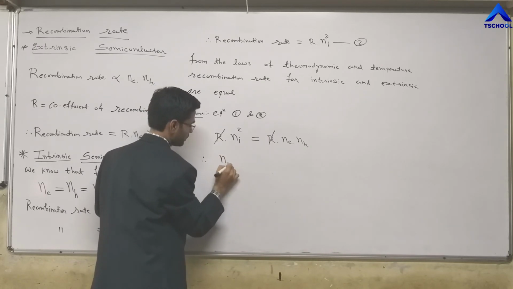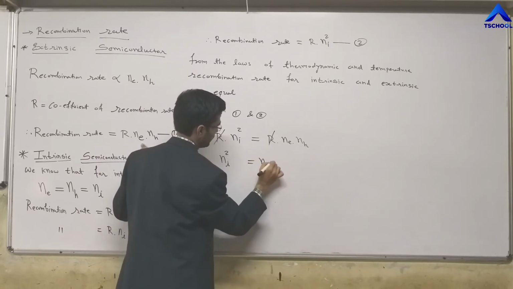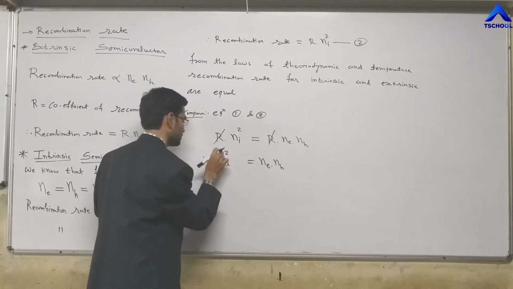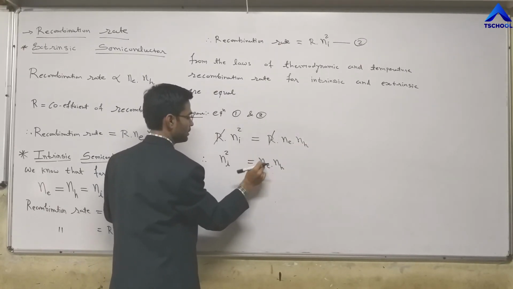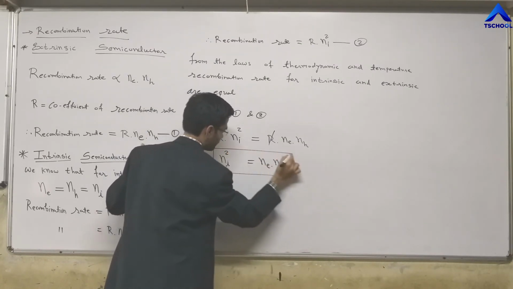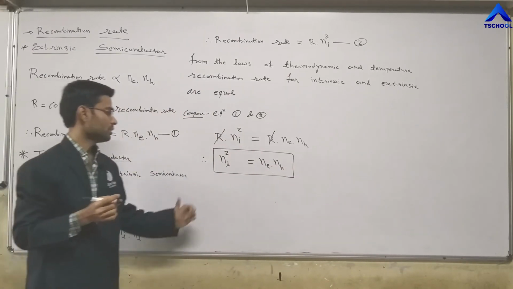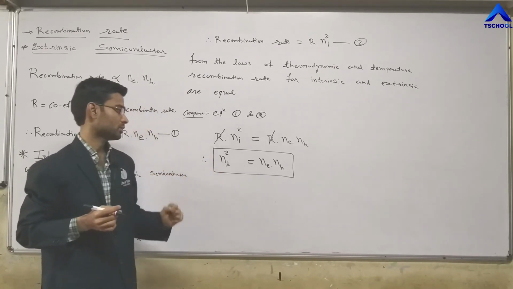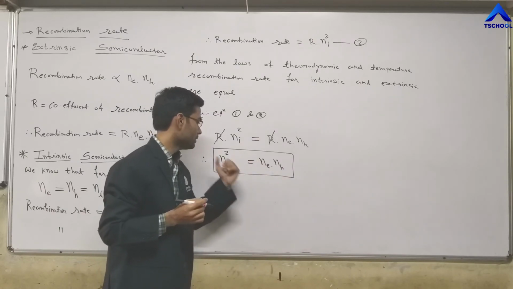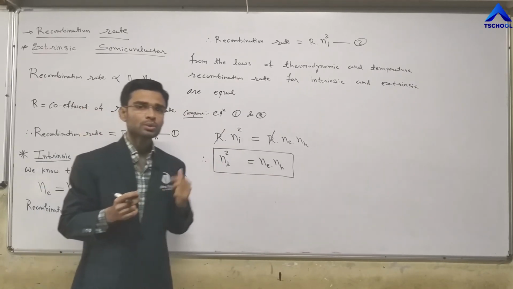Therefore Ni square is equal to Ne into Nh: the square of the intrinsic number density equals the number density of electrons times the number density of holes. As per the laws of thermodynamics and temperature, this derived equation is very important for examinations and for solving problems on semiconductors.